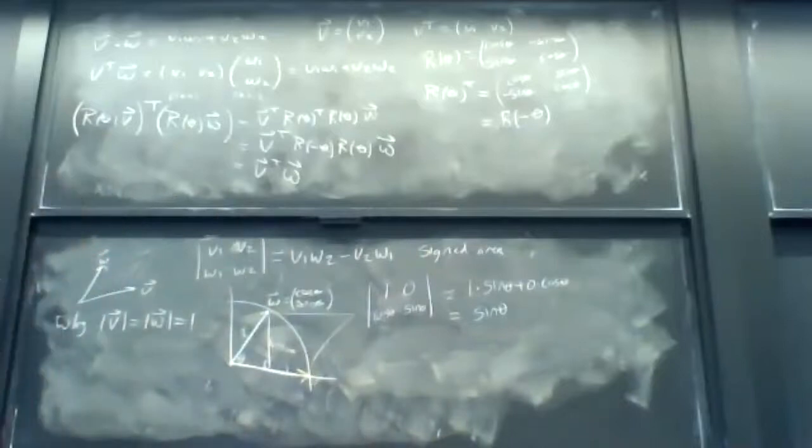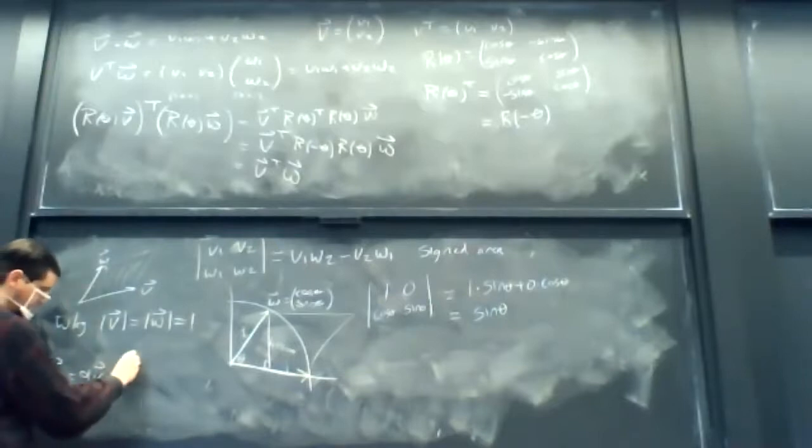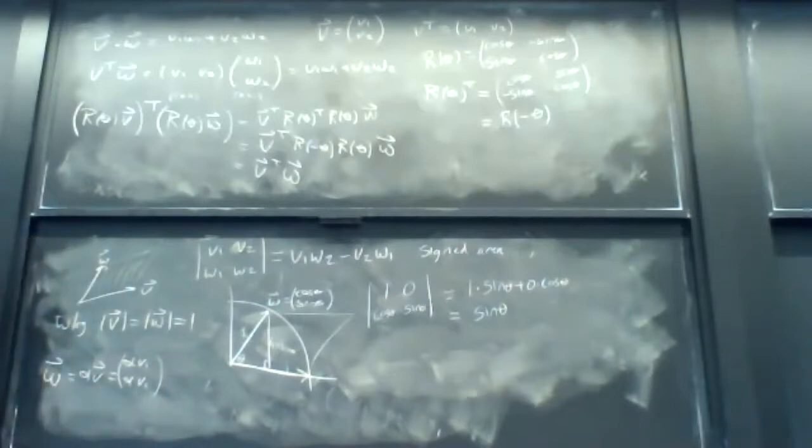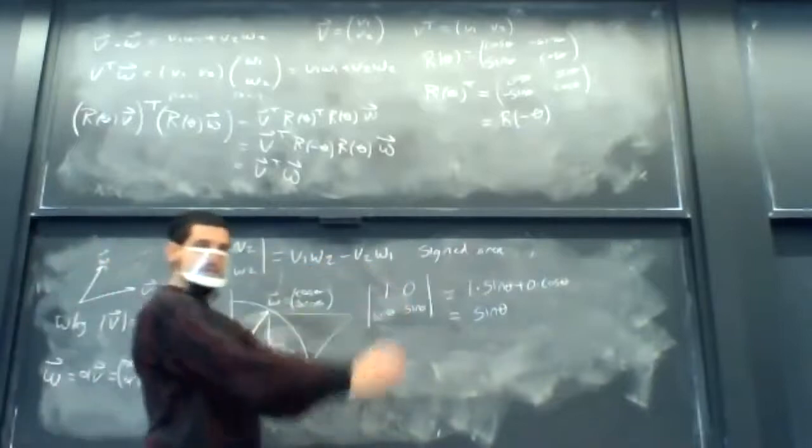There is one other case that is worth doing directly. Let's imagine W is alpha times V, so it's alpha V1, alpha V2. This means V and W are in the same direction. What should the area be if V and W are in the same direction? It should be 0.